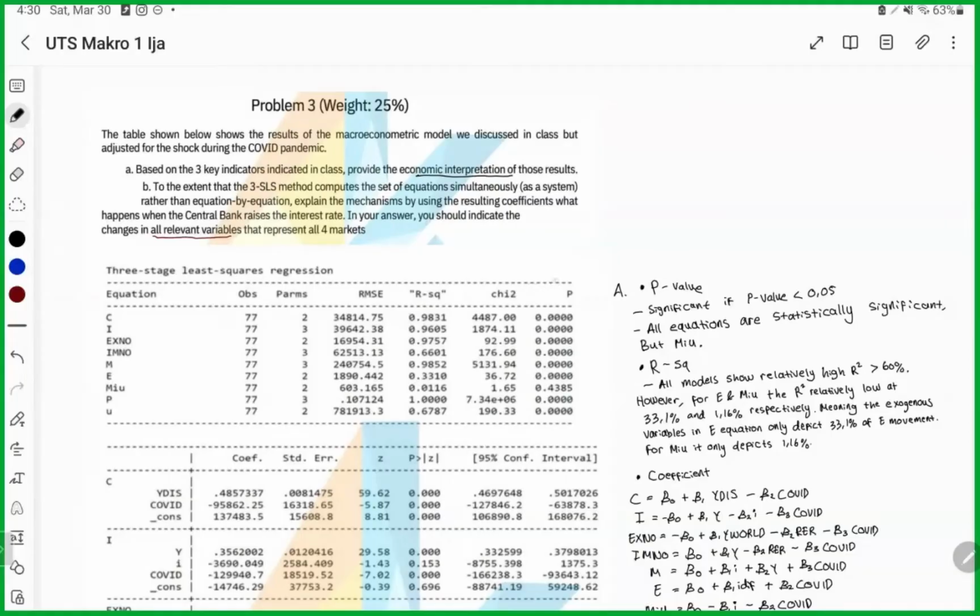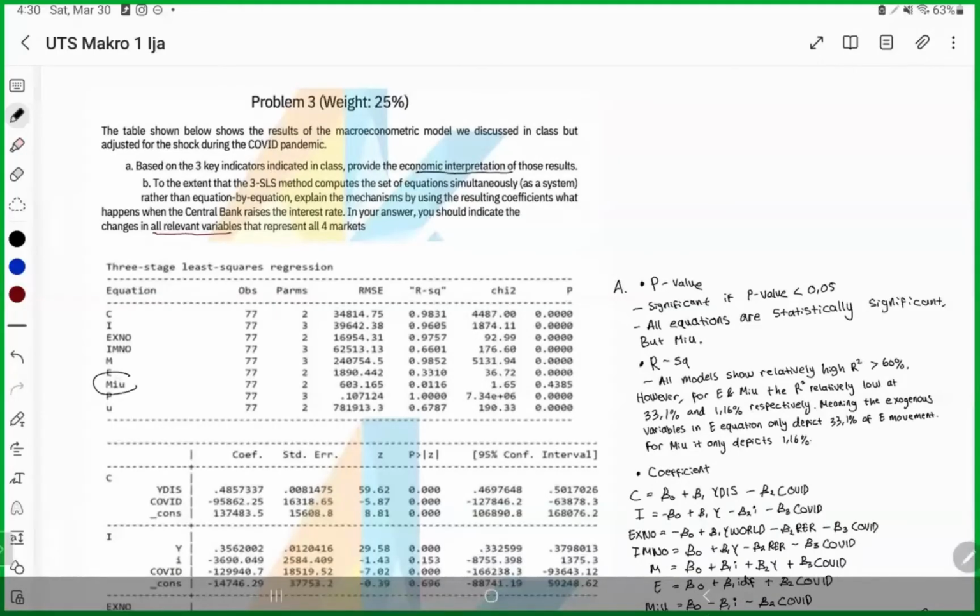In these tables, all of these p-values are lower than 5%, meaning that all models are significant. However, there is one model that is not significant, which is MIU. MIU is insignificant because the p-value is higher than 5%, which is 43%, very high.